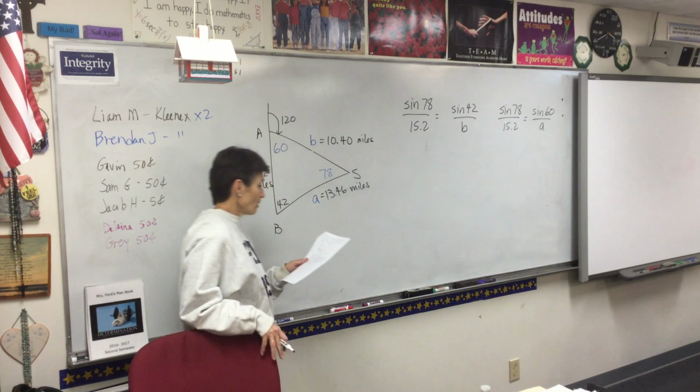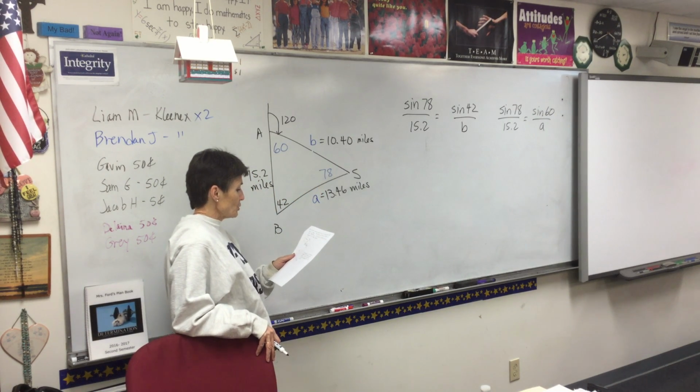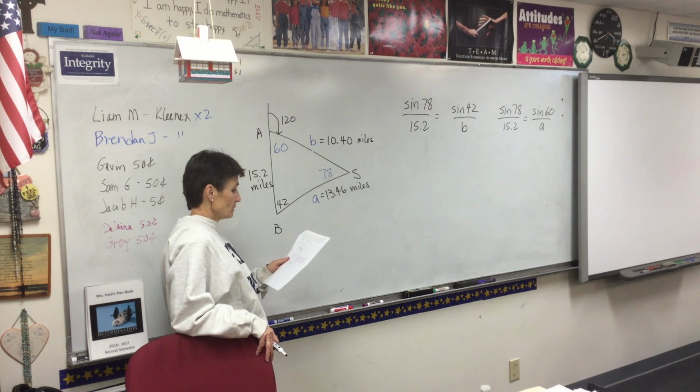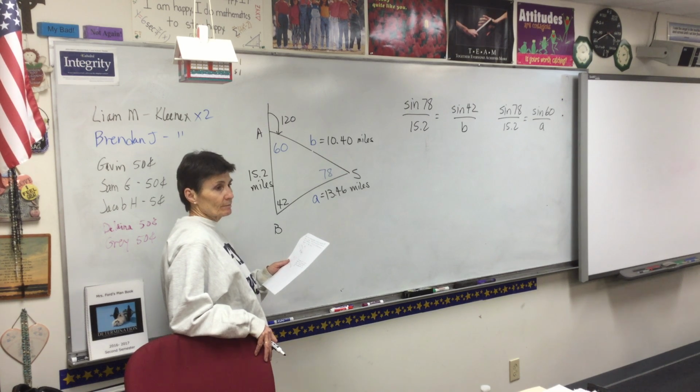D. A Park Service plans to build a bridge, AC, over a lake. A and B are 2 points on the shore, and AB is 14. If angle A is 102 and angle B is 58, find the length of the bridge.